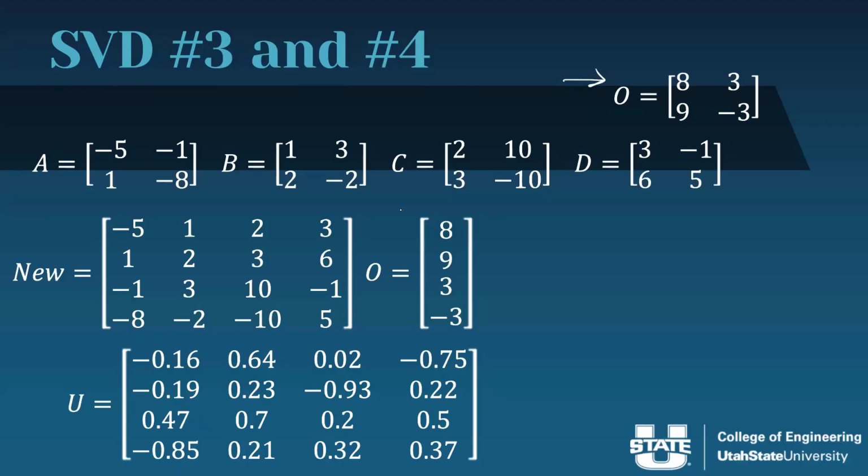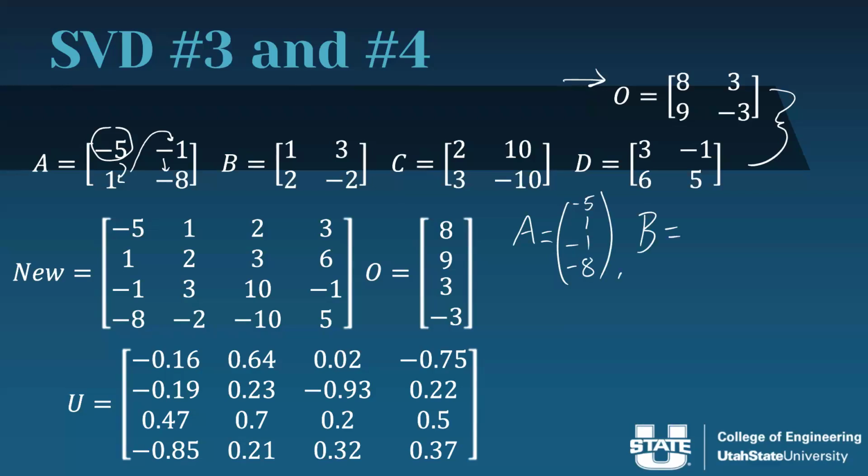So all you need to do is first you need to turn all of these matrices into column vectors. And the way that we do that is we start in the top left, then we go to the one underneath it, then we go to the next top and go to the one underneath it. So for example, A would be -5, 1, -1, -8.